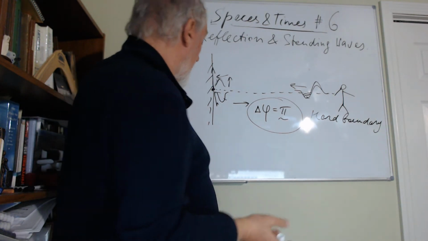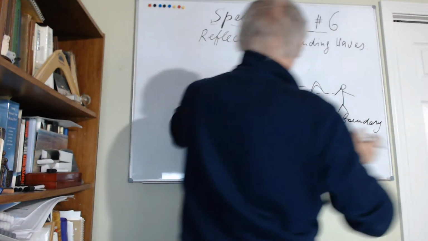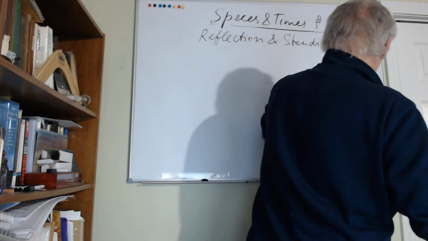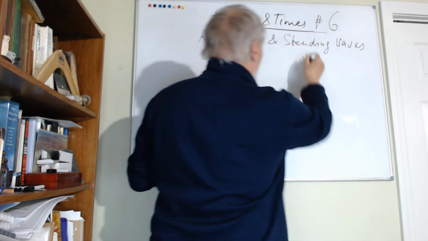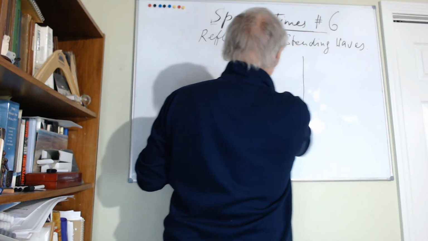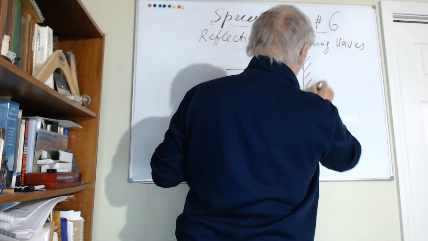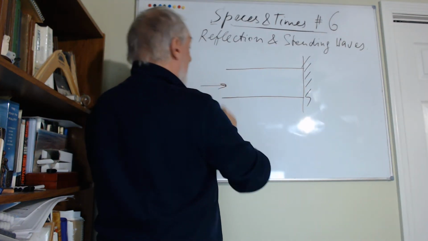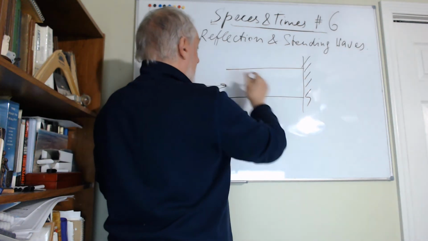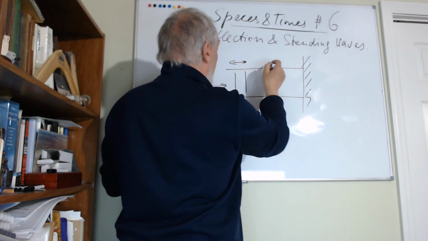Maybe it's easier to understand with an example. Again, you have this tube, right? And there's a hard wall here in the tube. There are air waves. The sound goes here. Air waves are vibrations like this.